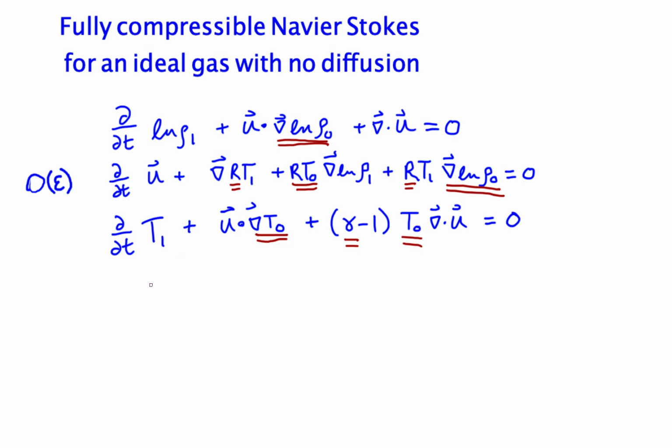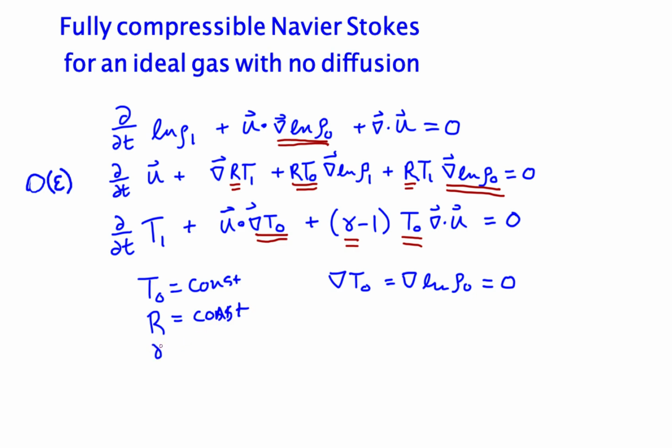One constant coefficient solution to this system is if T0 is a constant and grad T0 and grad log rho 0 are both 0. We'll talk later about times when they're not 0, but this is one of the simplest systems to solve. We also have that the gas constant R is a constant and that the gamma of the gas is a constant.